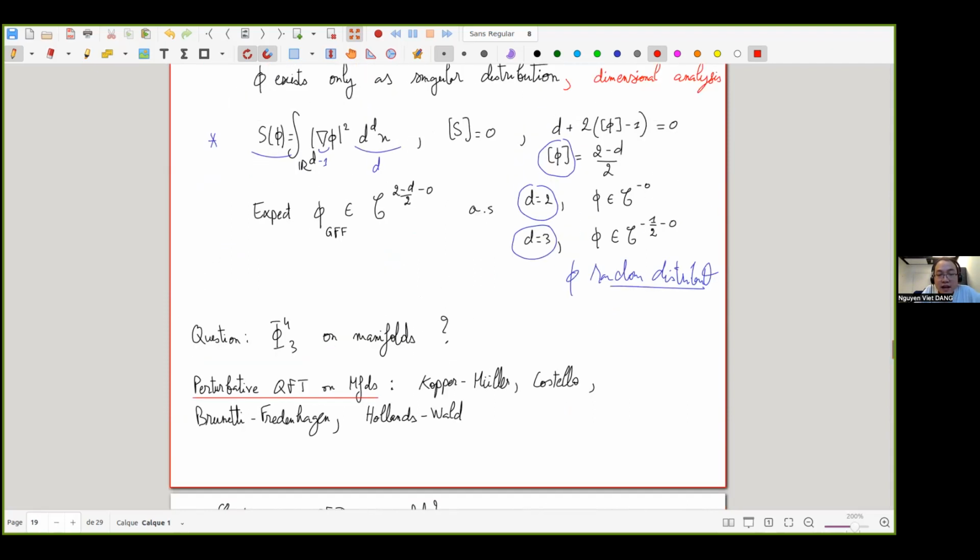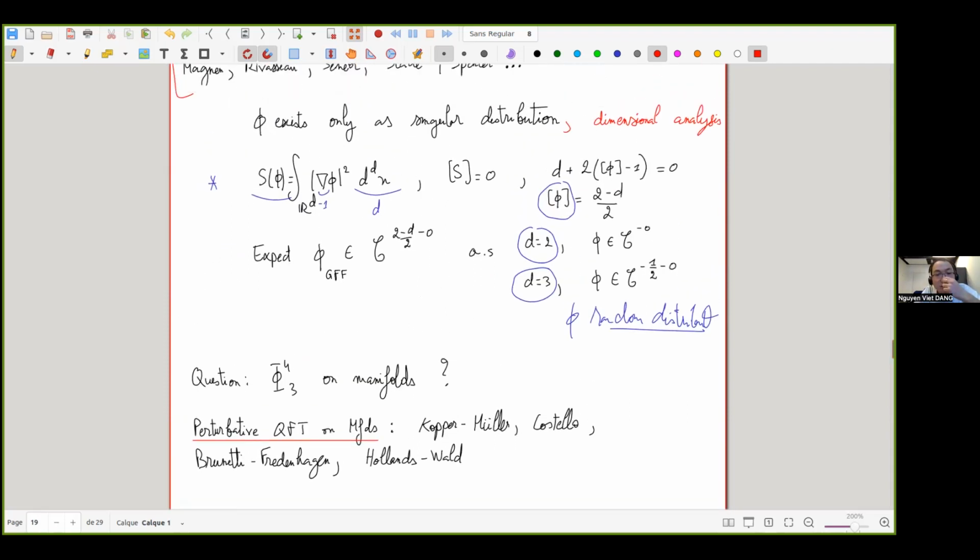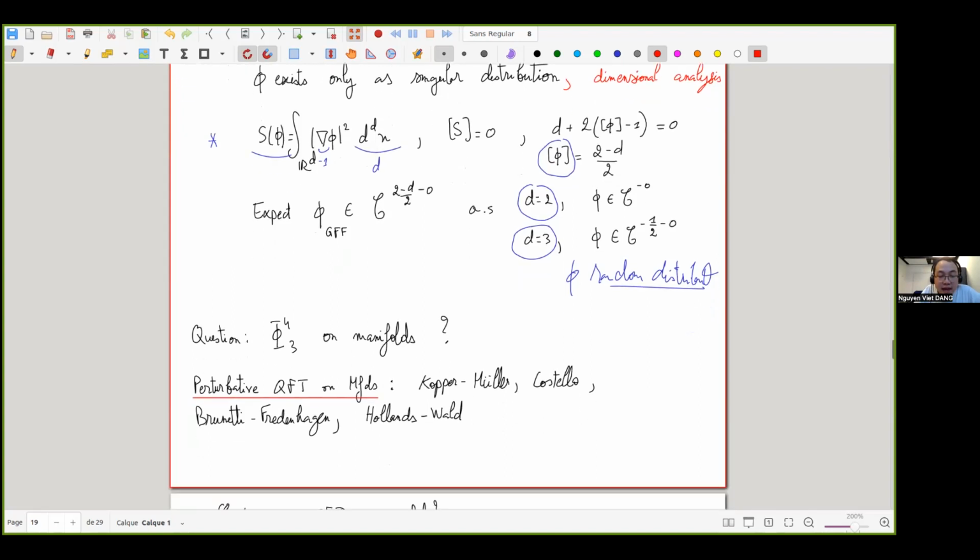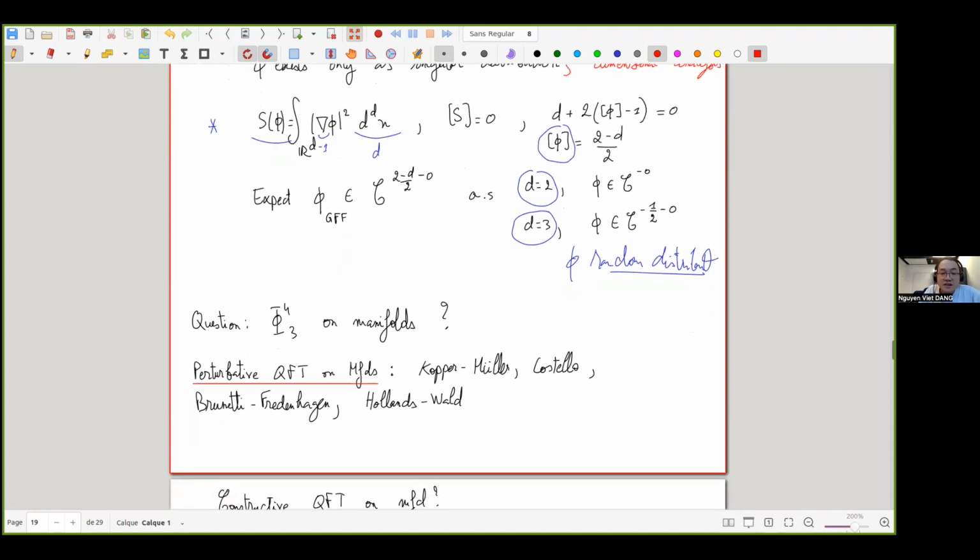So a natural question when you see these results by Glimm and Jaffe in the 70s is: can you build such a Phi^4_3 measure on manifolds? In fact, in the math physics literature, there are many results on perturbative quantum field theory on manifolds. Here I give a list of many authors who define quantum field theory perturbatively on manifolds.